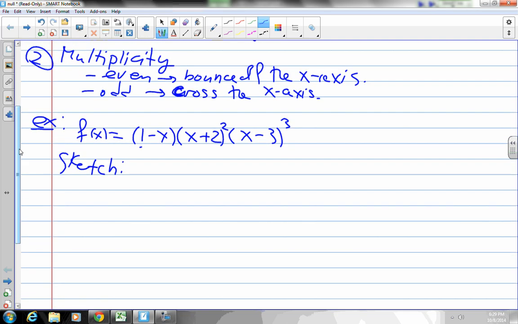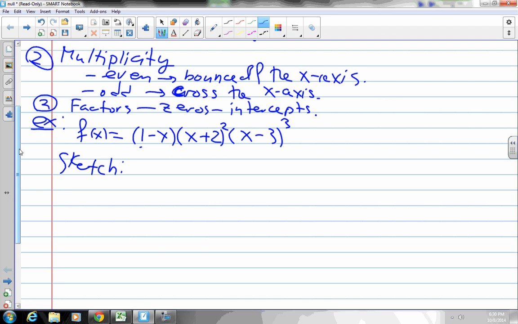It makes it easier because there's a connection between factors, zeros, and intercepts. They all mean the same thing. Whatever your factor is gives you the zero, which gives you the x-intercept.